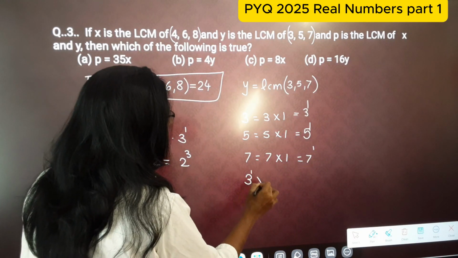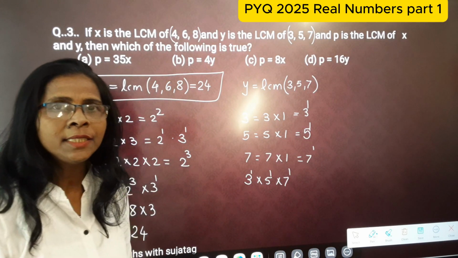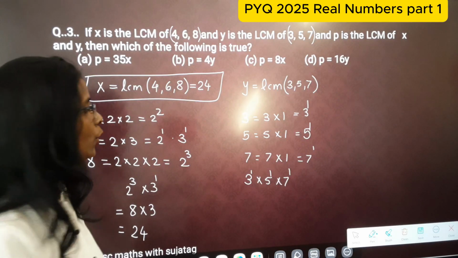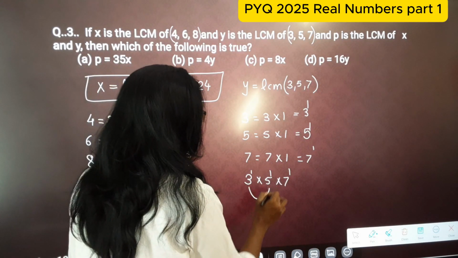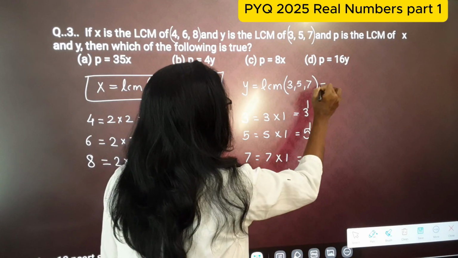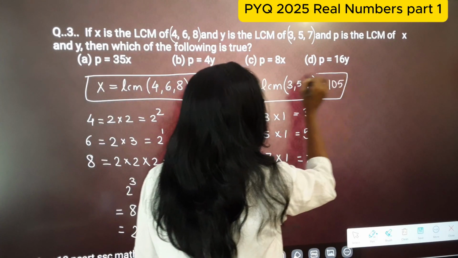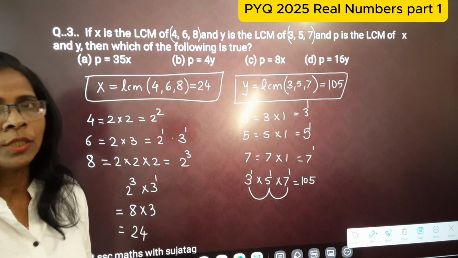The LCM is the multiplication of the highest powers of 3, 5, 7. So 3 fives are 15, 15 sevens are 105. So the LCM of 3, 5, 7 is equal to 105.